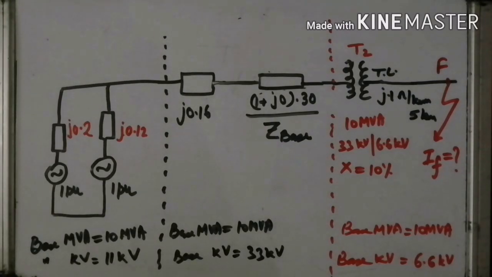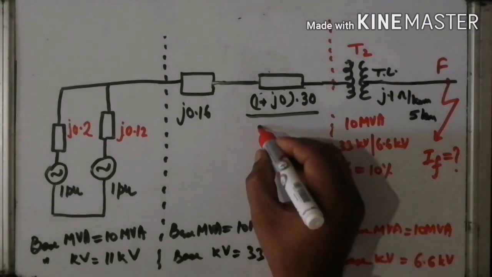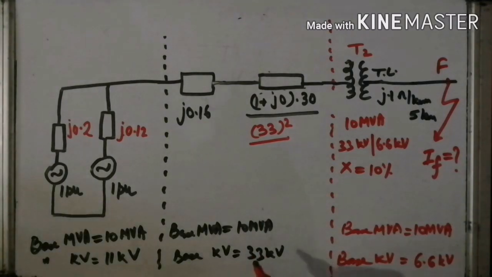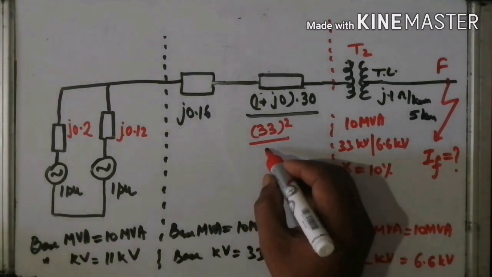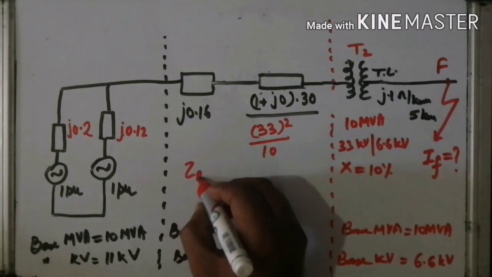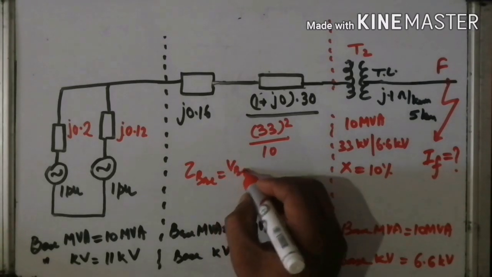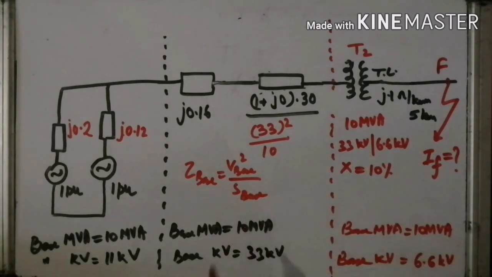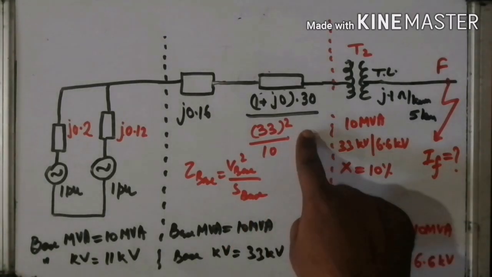We know that the value of Z base is nothing but kV base square divided by S base. So kV base is 33, the square of 33, divided by S base, that is 10, right? Formula is Z base is equal to kV base whole square divided by S base. According to this formula, this one is over here.